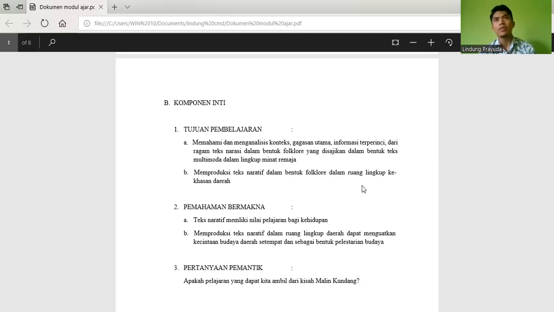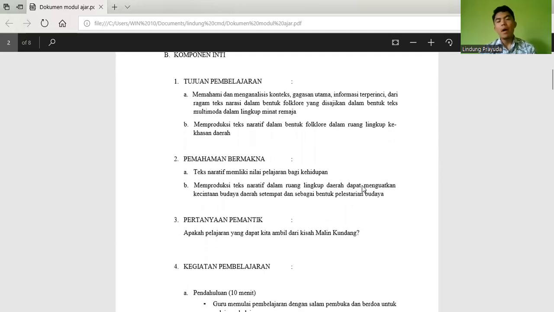We do not talk about Java Island, Kalimantan, or stories from others. We only want to talk about a story or folklore around West Sumatra, and especially Payakumbuh.